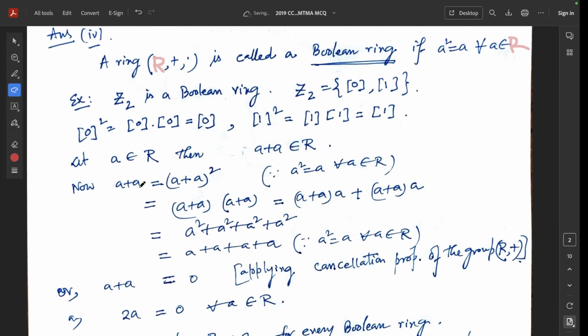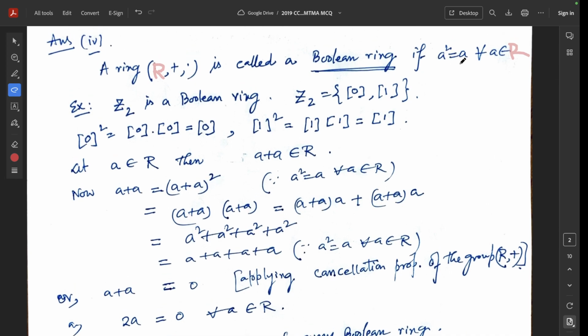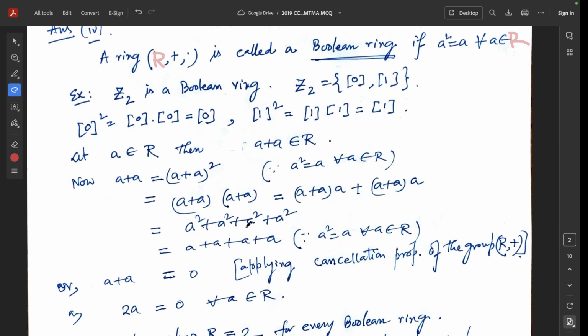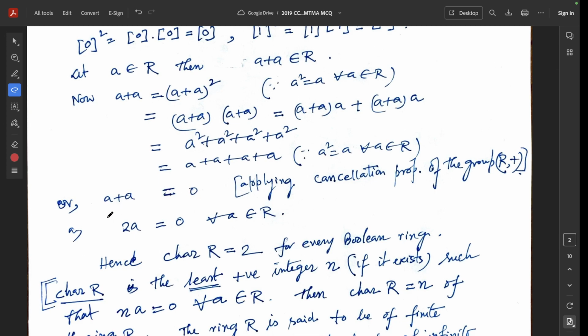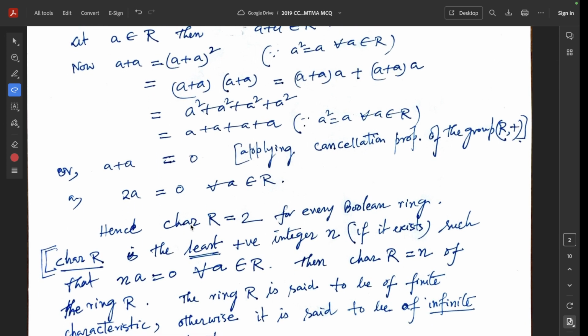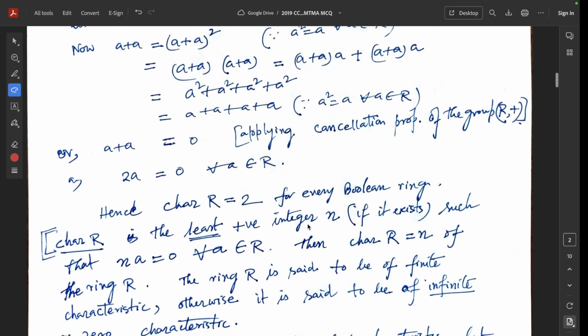Then a plus a equals (a plus a) whole square, and by this property a square equals a for all a belonging to R. Then (a plus a)(a plus a), by the right distributive law, is a square plus a square plus a square plus a square, which is a plus a plus a plus a. Hence, by the cancellation law, a plus a equals 0, that is 2a equals 0. Hence, the characteristic of R is 2 for every Boolean ring.